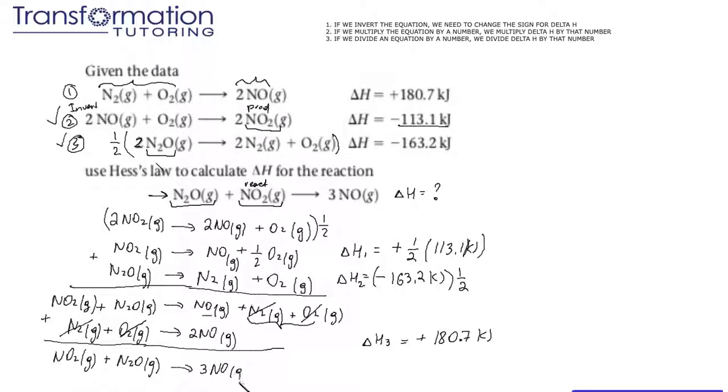That gives me 3 NO. To find the delta H for this reaction, what we need to do is simply add delta H1 with delta H2 with delta H3. When we add all of the delta H's that we have calculated, we will be able to get the delta H for the reaction that you're looking for.